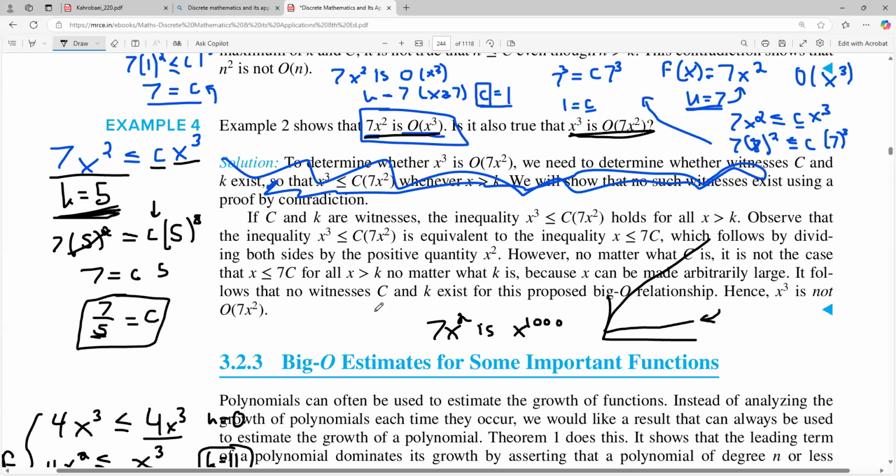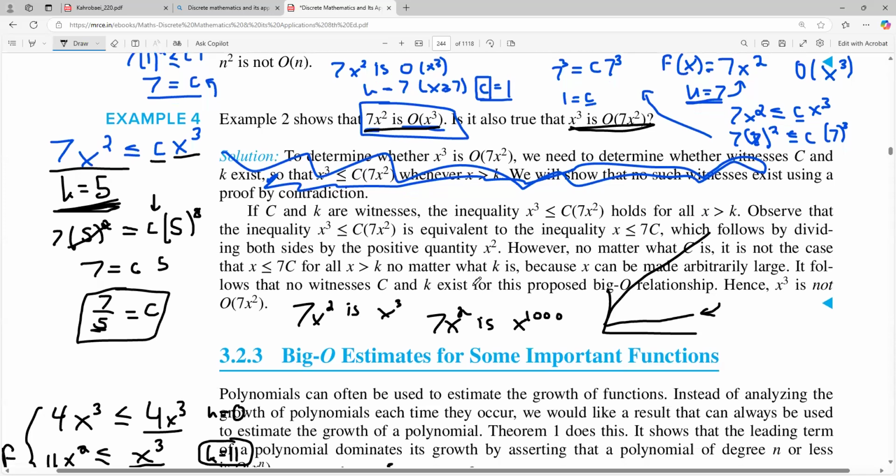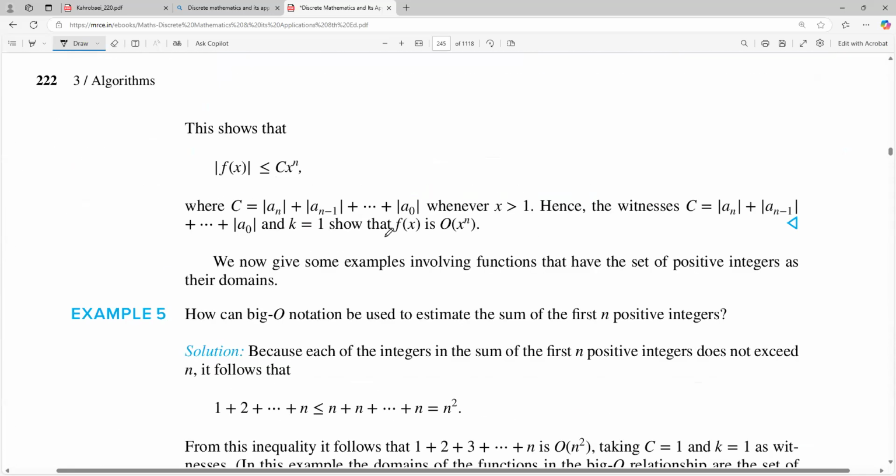And that's why we want to find closer big O's. So you have 7x squared is big O of x cubed. And that's much better than saying it's big O of x to the 1000th, right? So even though on your exams you could say it's big O of whatever power you'd like, that doesn't help, and that wouldn't technically be right. Even though it is correct, it wouldn't be helpful.